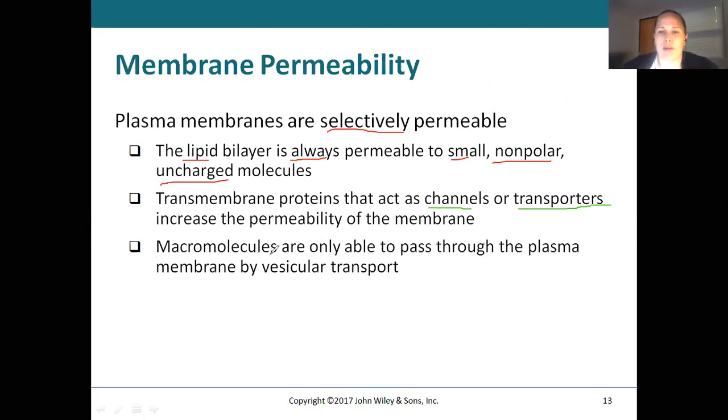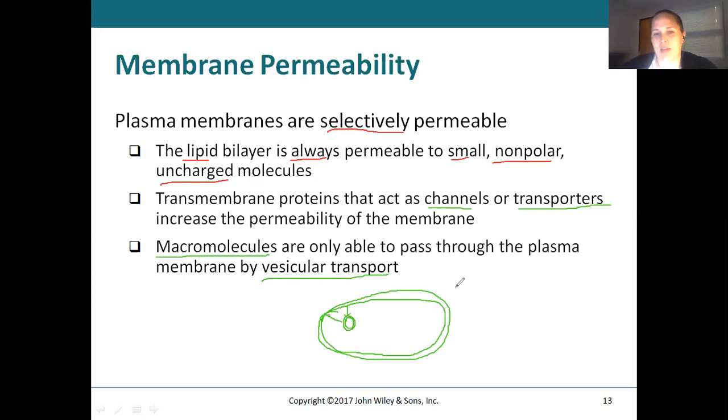Macromolecules are only able to pass through the plasma membrane by vesicular transport, and we haven't even introduced what that is. If we look at the cell, it has that nice large plasma membrane. Vesicles are small little blebs within the cell that allow the cell to either send things out of the cell or bring things into the cell.